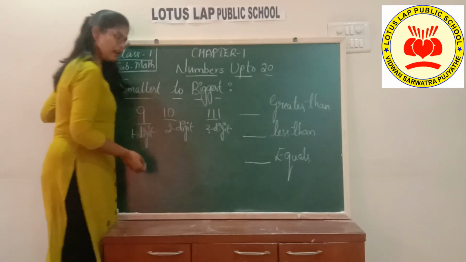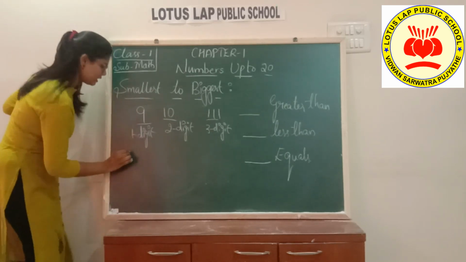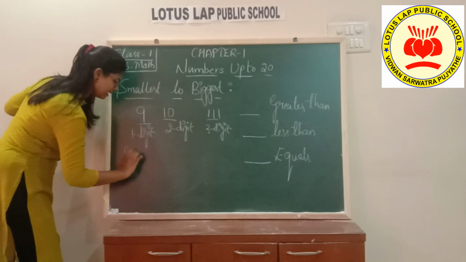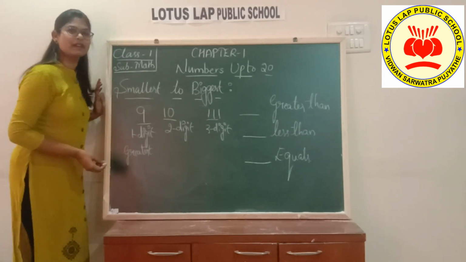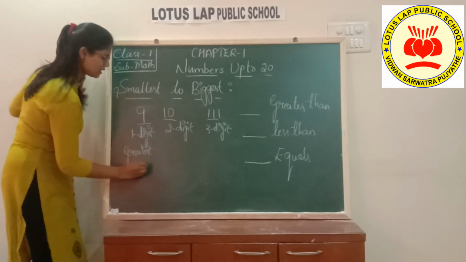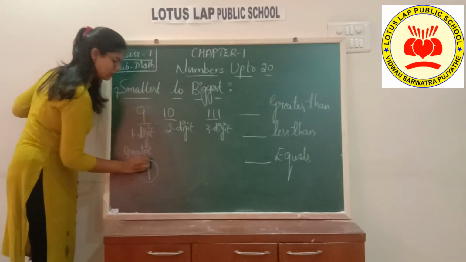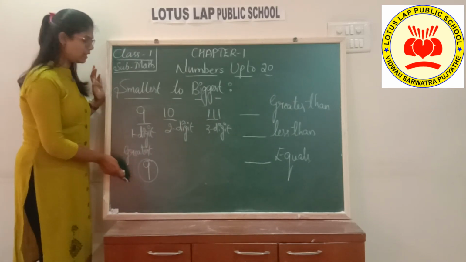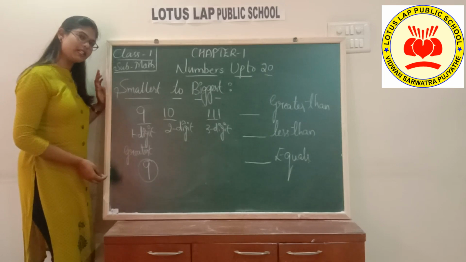Right? Now here, what is the greatest possible one digit number? It is 9. 9 is the greatest possible one digit number. Now what is the smallest possible one digit?